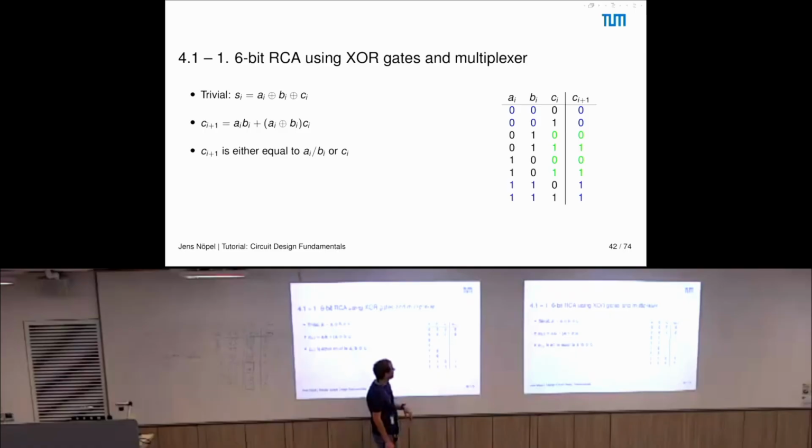And what else? Ci plus 1 corresponds to A or to B, it doesn't matter for the rest of it. So if we now find a way to select between those two options, then we only need to select between Ci or Bi, for example, and we also get Ci plus 1. And selecting is just like using a mux, right?